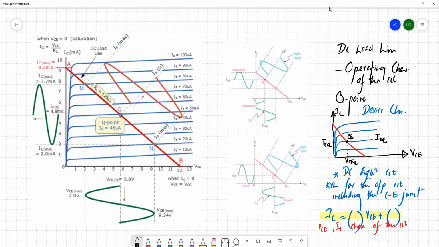Let's assume I place the Q point here. Based on the Q point, we can identify these parameters. In this case, the base current at this Q point is 46 microamperes, the corresponding collector current would be this, and this is the collector emitter junction voltage.